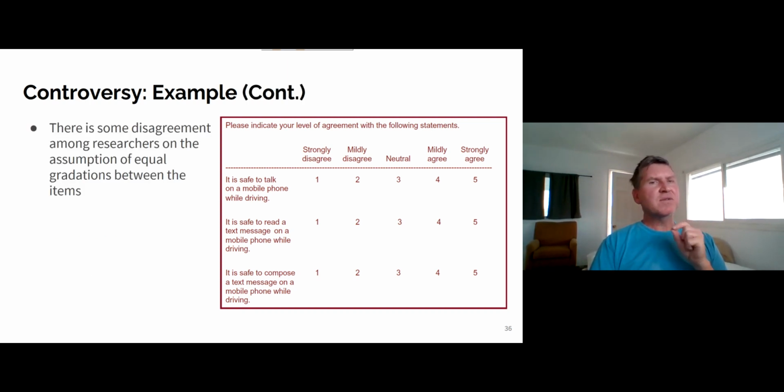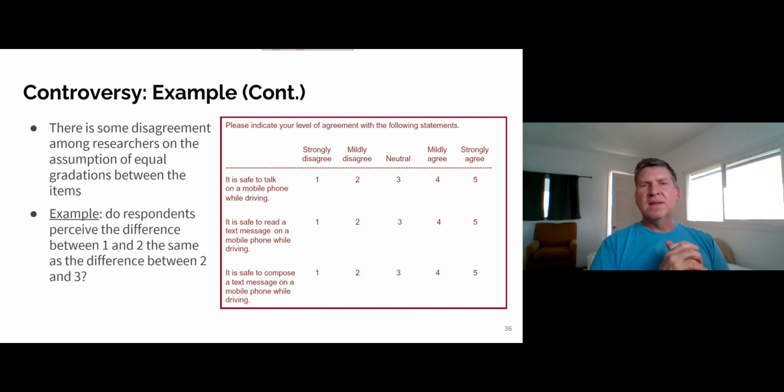But there's some disagreement on whether those are truly equal gradations because of how we think about the 5 different points. Do respondents perceive the difference between strongly disagree and mildly disagree as the same as between mildly disagree and neutral? What happens if we have 10 points?